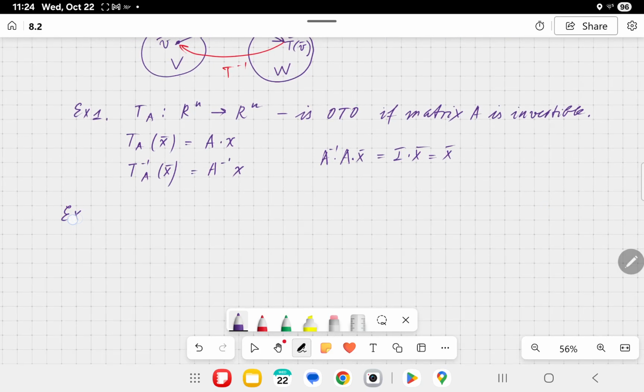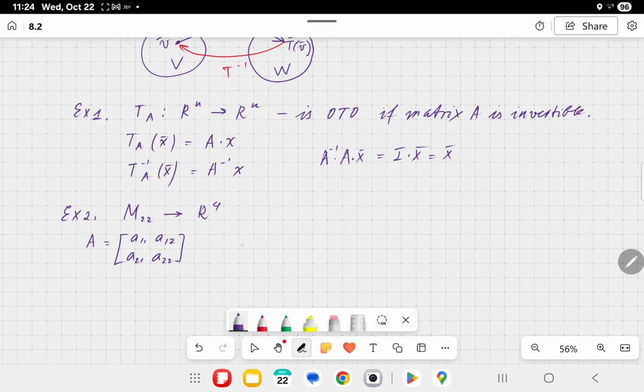Let's say, another example of a one-to-one transformation. Let's imagine that we have two-by-two matrices and we transform them into R4 by the next transformation. Take a matrix with entries A11, A12, A21, A22.